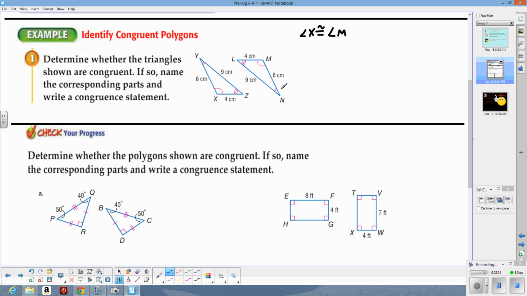And then also angle Y is congruent to angle N, and I know that because of the angle markings. This symbol right here is for angle. And then angle Z is congruent to angle L.